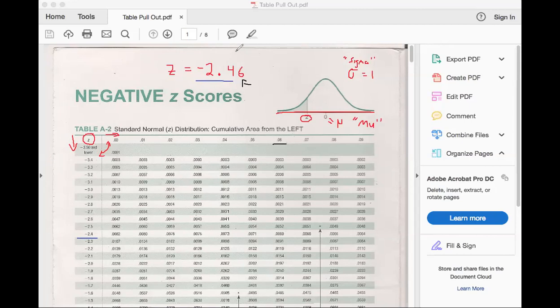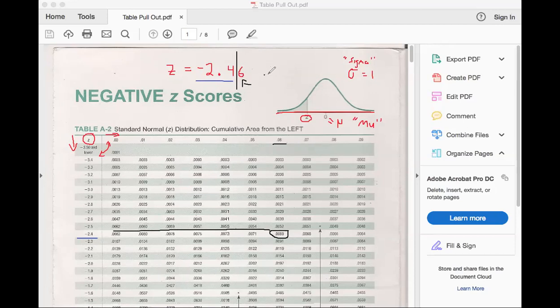I break the number up: first column, first row, and then you just drag your finger across so the other 2 line up. I come all the way over till I'm under the 0.06, and my answer is 0.0069.